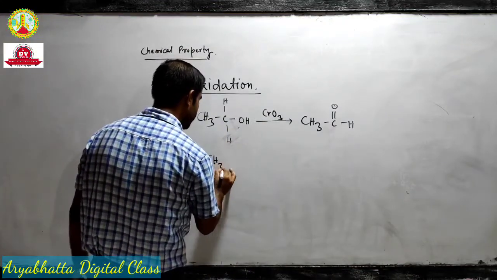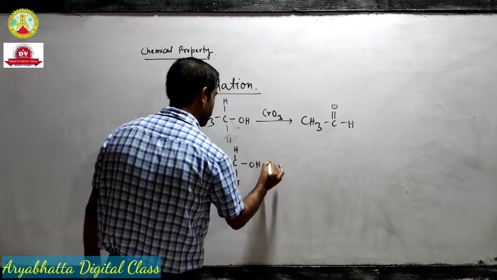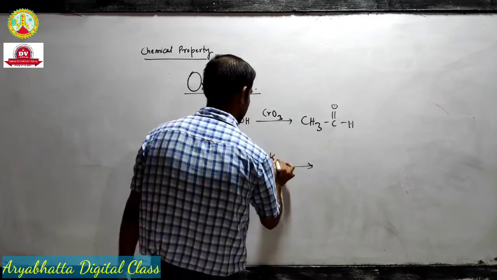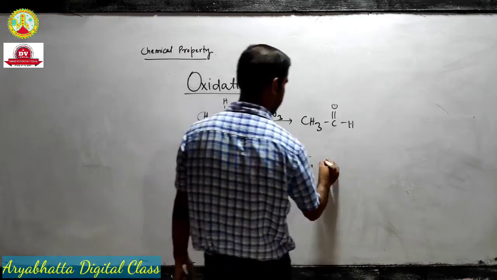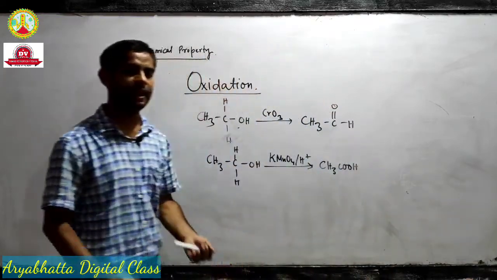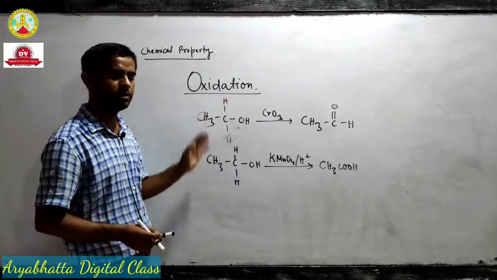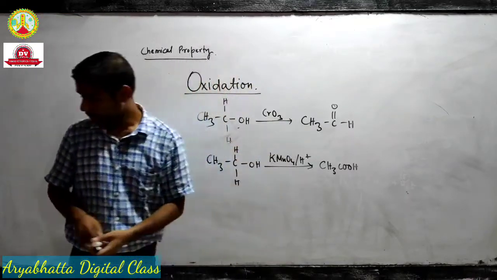But if I take KMnO4 in acidic medium, I will get carboxylic acid as a major product. Okay, so this is the difference. Mild oxidizing agent, strong oxidizing agent.